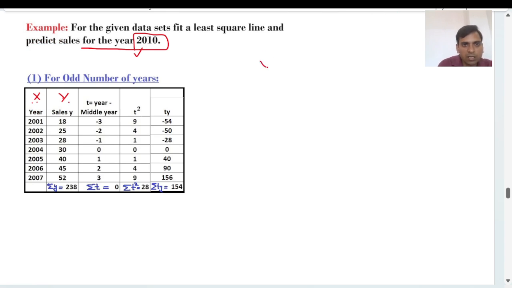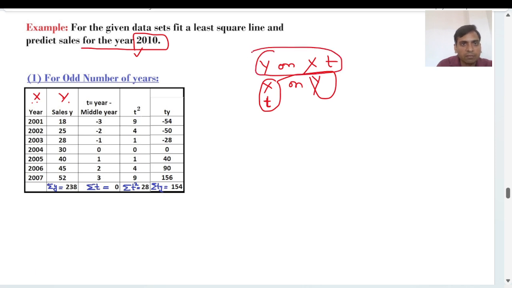In regression analysis there are two concepts, Y on X and X on Y, but in this case, for X we have T. Time is not dependent on sales; sales is dependent on time. So we can't apply the second concept, X on Y, or T on Y. Only the first concept is applicable, Y on T.